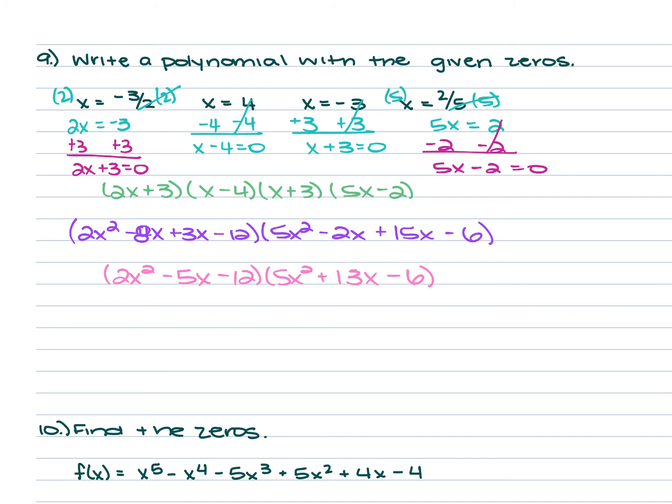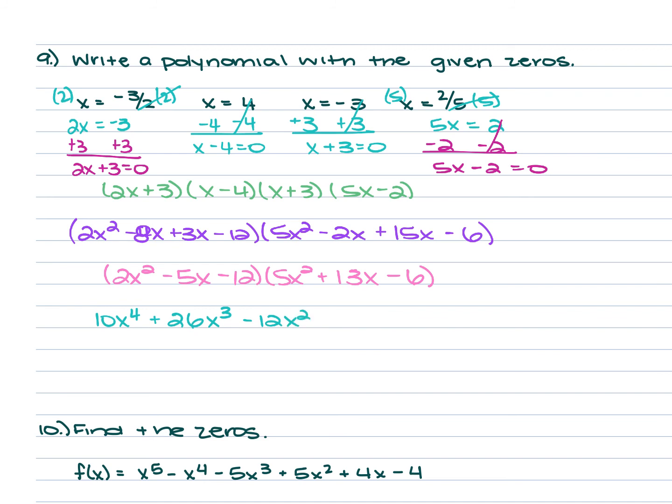From here, we're going to multiply these two trinomials out. So from the first, I'm going to take that 2x squared, distribute it into the second set of parentheses. So 2x squared times 5x squared is 10x to the 4th power. 2x squared times 13x is positive 26x cubed. 2x squared times negative 6 is negative 12x squared.